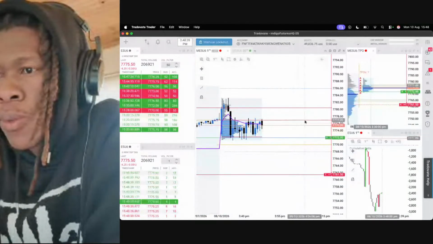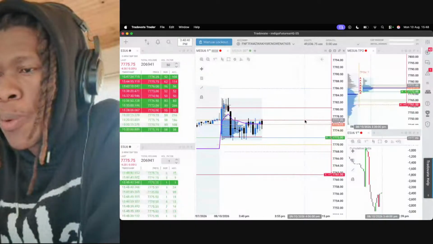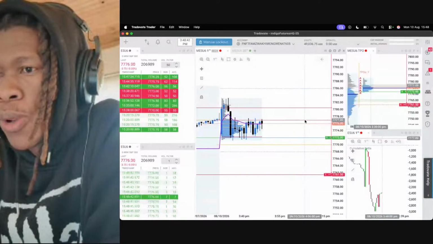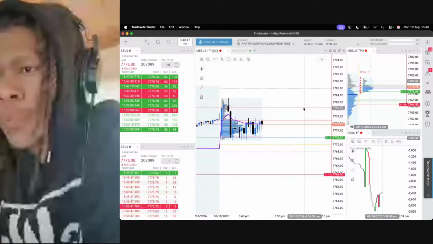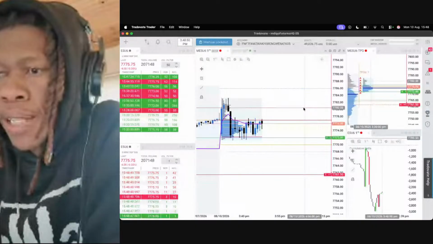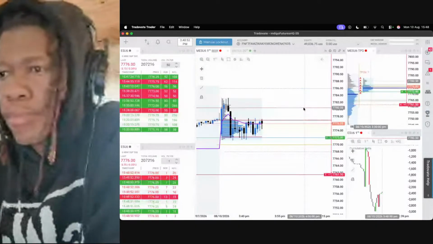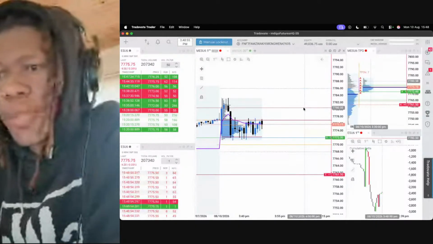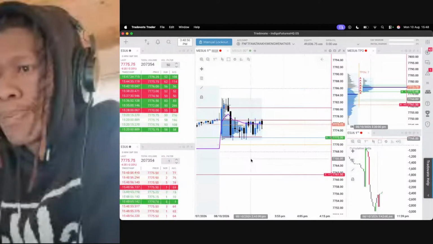So previous day point of control long could still be valid. It could fail here though. It could fail at 780. That's a possibility.